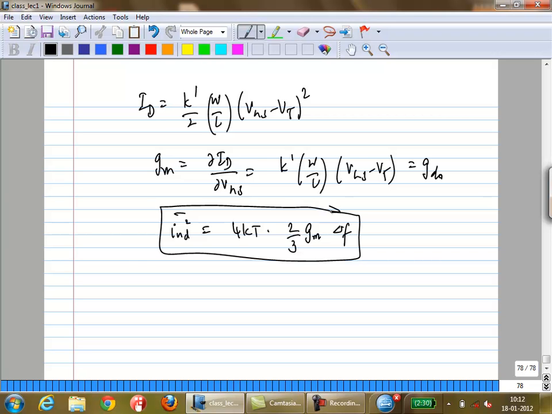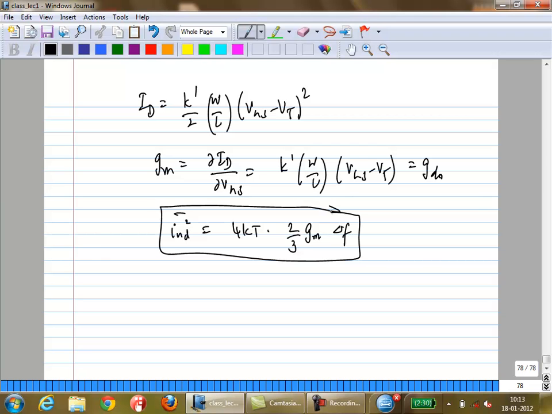So this is the noise of a long channel MOSFET in saturation region. The output drain noise current, thermal noise current squared, is 4kT (2/3) gm Δf.